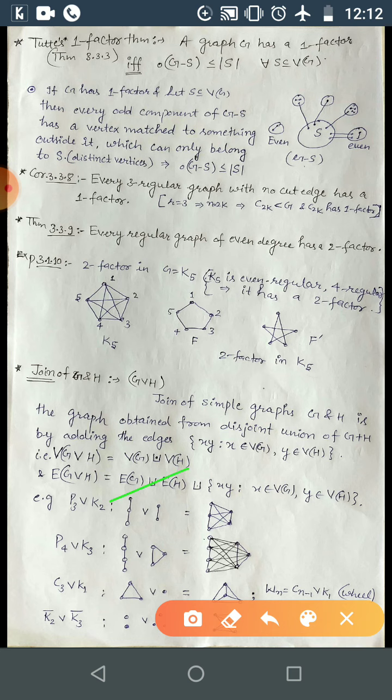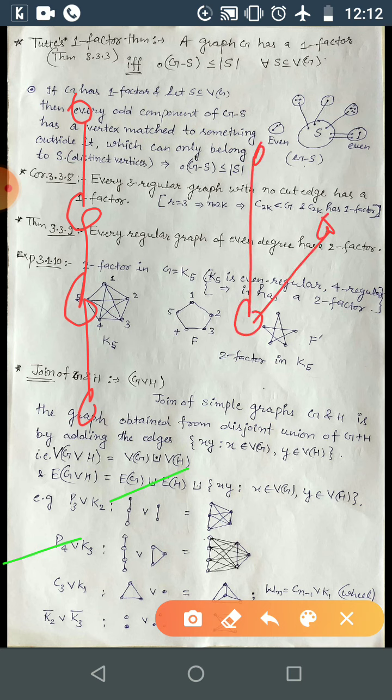Now you can come to P4 join K3. P4 is this one and K3 is this one, and you take G as well as H. Every vertex of G will be adjacent with every vertex of H and vice versa.